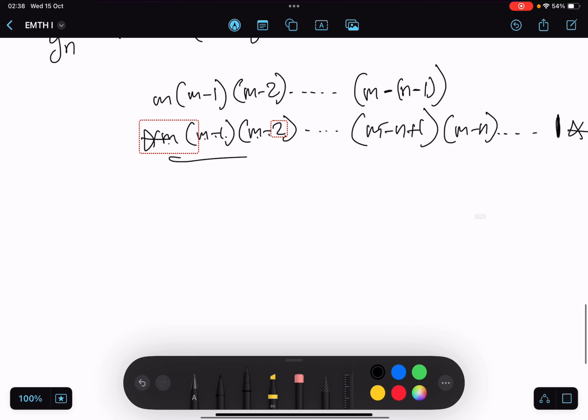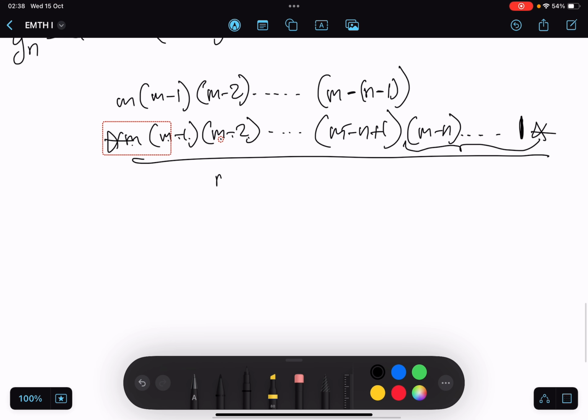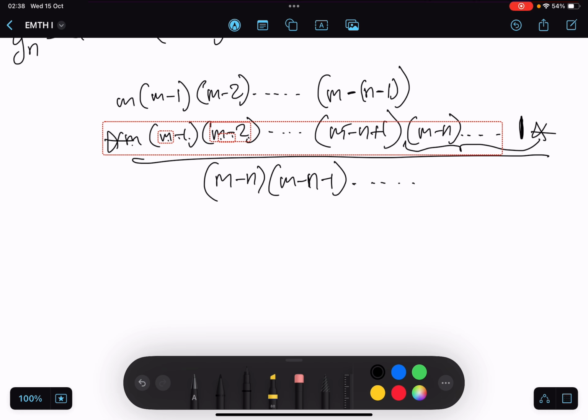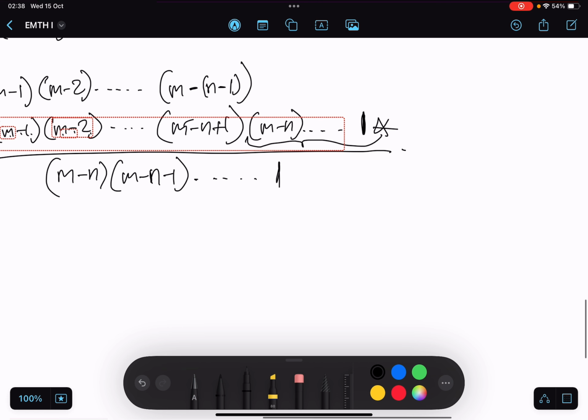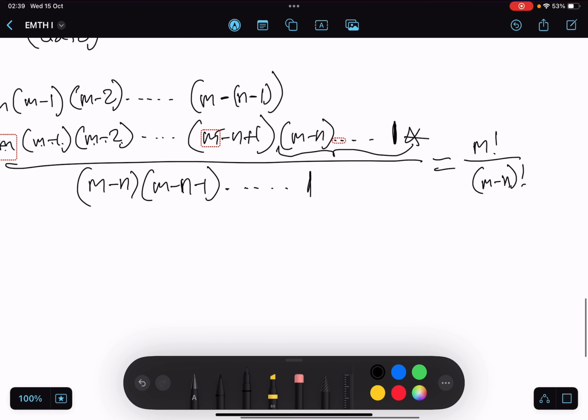But now, with this expression, we can divide by these terms, whereby we are going to have m minus n, m minus n minus 1, going to 1. So the numerator is the same thing as m factorial, and the denominator is the same thing as m minus n factorial.